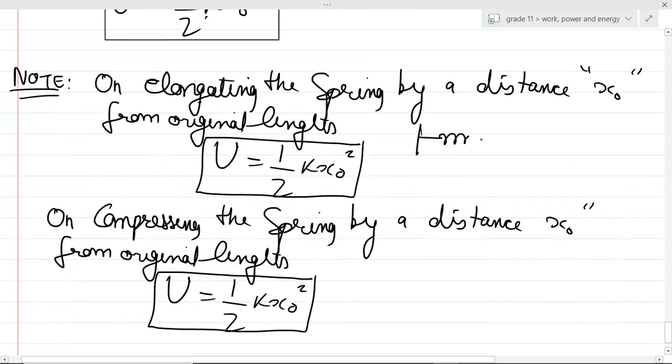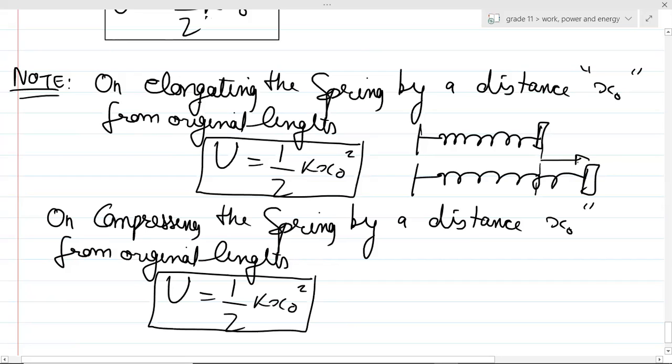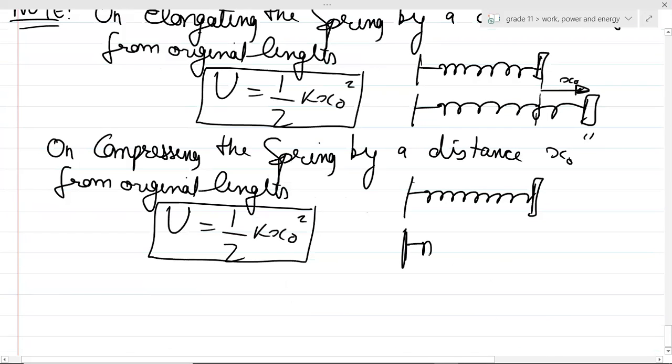So here when we are elongating it by a distance of x naught, the potential energy stored in this spring is half k x naught squared. And if I want to compress it, then also it is. Is this clear, guys? The spring constant k is not going to change in compressing or expanding, elongating it.